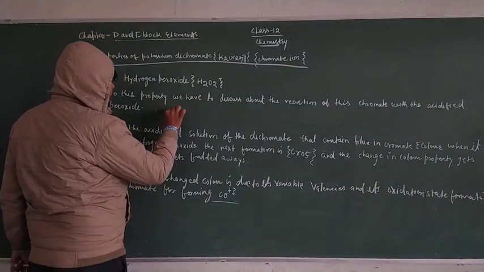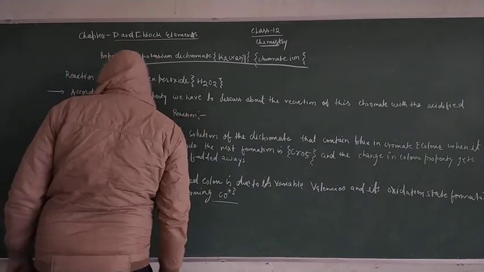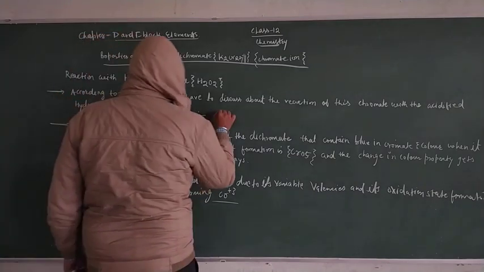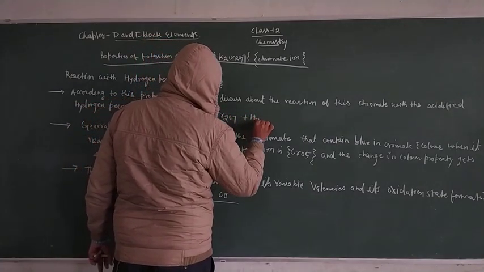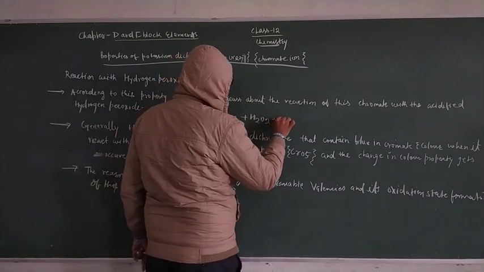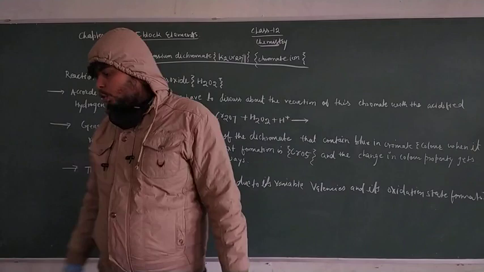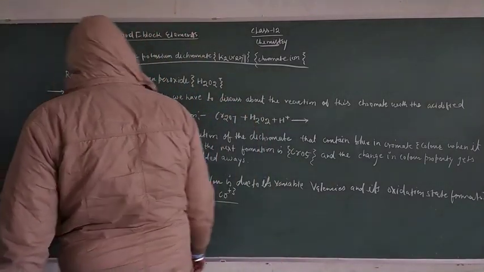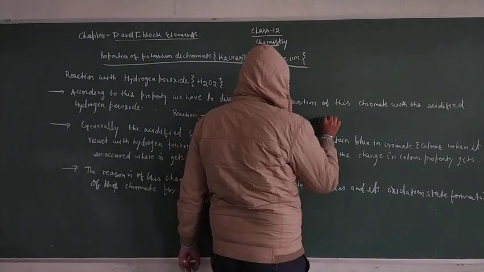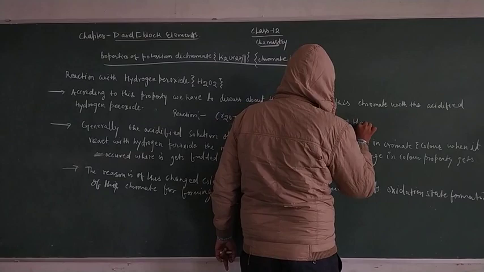Now we have to discuss this reaction formation. The reaction is written as Cr2O7 combined with H2O2 plus H positive. Our resultant product is CrO5 plus H2O.